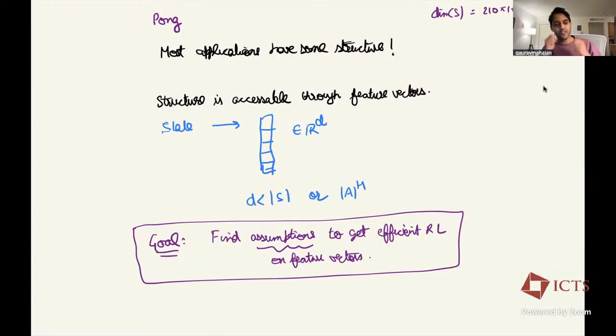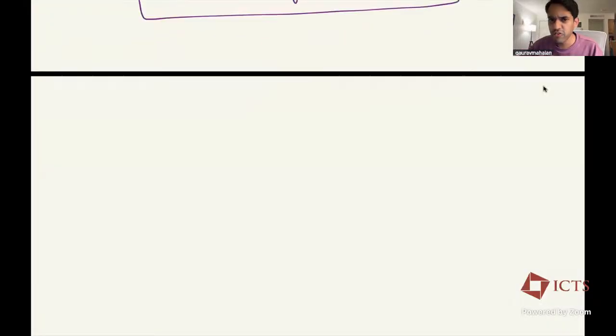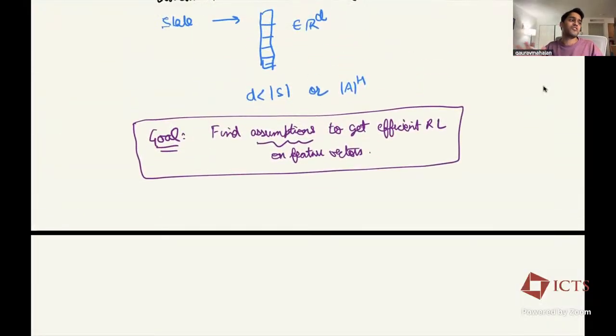You have this function approximator in the mix now, and how do you get efficient RL generalization using that? Are there any questions up till now? I'm going to define what these assumptions are and what precisely I mean by this.